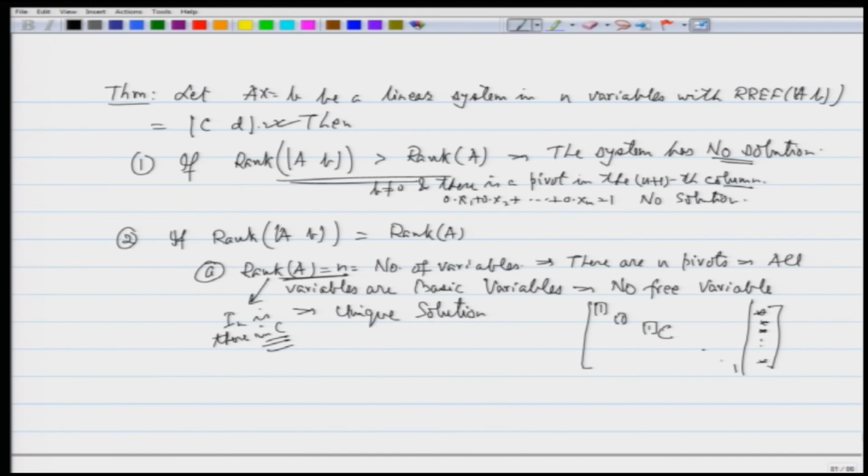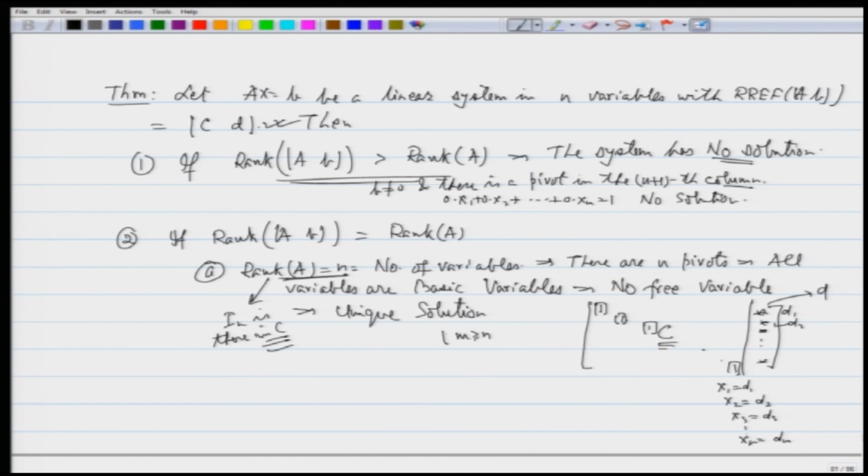If every column has a pivot, it means that I already have x1 is equal to this, x2 is equal to this. So, if this was d1, this was d2, we are already saying that x1 is d1, x2 is d2, x3 is d3, and so on till xn is dn, fine. Because this matrix was D for us, this was the C for us. So, there is a unique solution, and this also means that m is greater than or equal to n.